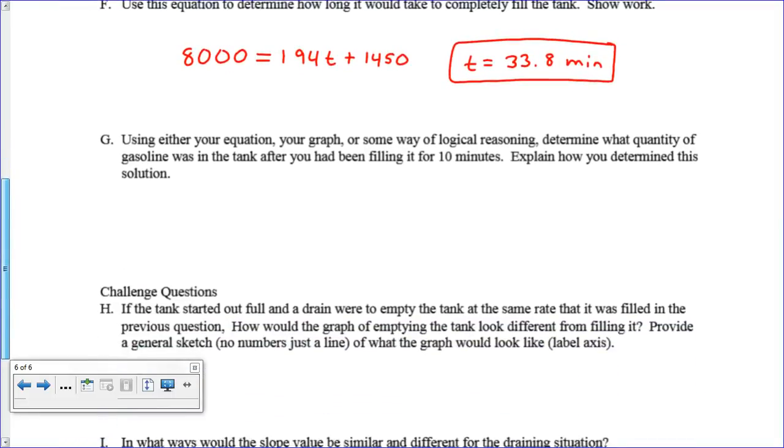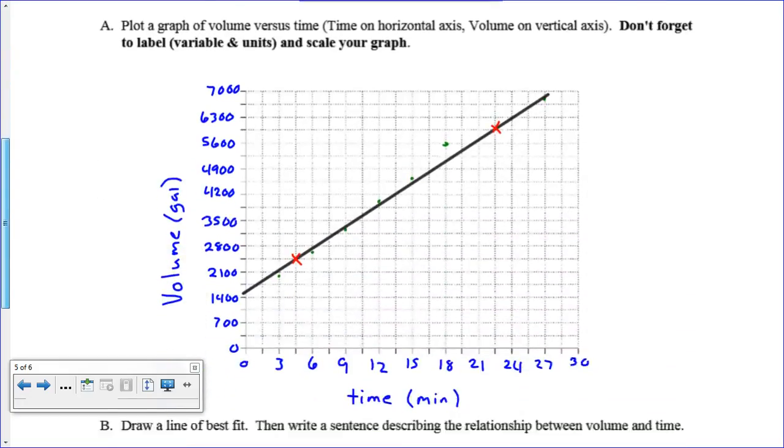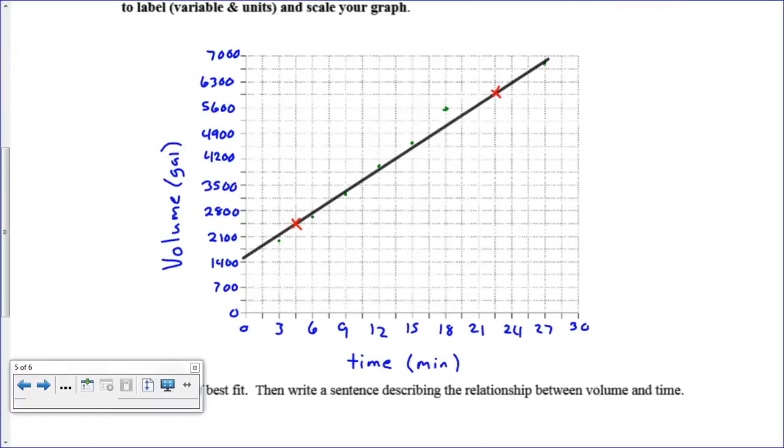All right, going on here. For G, it says, using either your equation or your graph or some other logical reasoning, determine what quantity of gasoline was in the tank after you had been filling it for 10 minutes. Explain how you determined this. So what we're going to do here, I think the easiest way is just to look at the graph and find 10 minutes on the graph and figure out what the volume was. So looking back at this graph here, we find 10 minutes, trace it up.